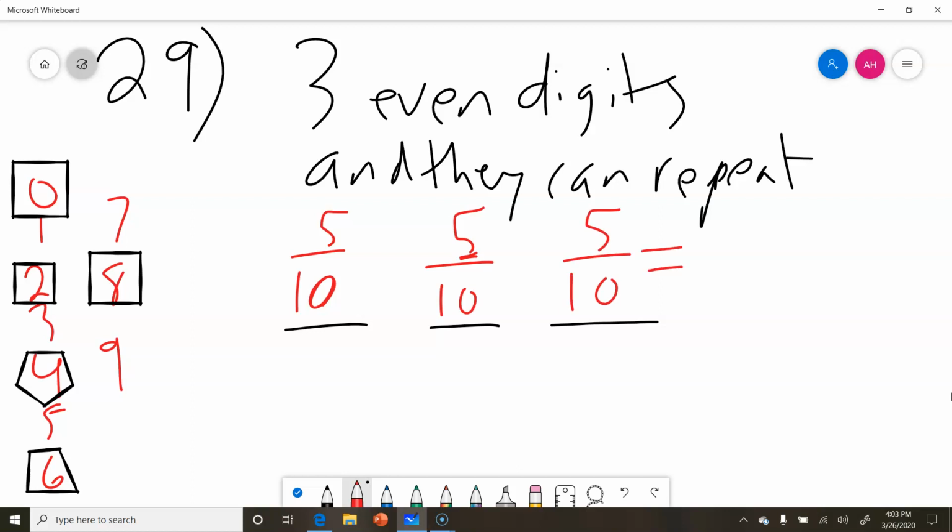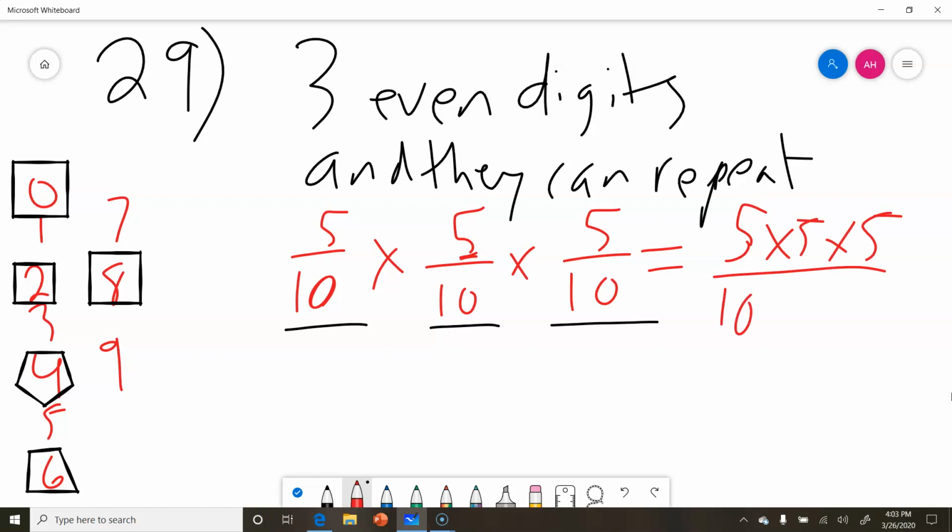So then when we multiply, we just multiply across. We get 5 times 5 times 5 over 10 times 10 times 10. So on the top, that leads us to get 125, 5 times 5 times 5 in your calculator.